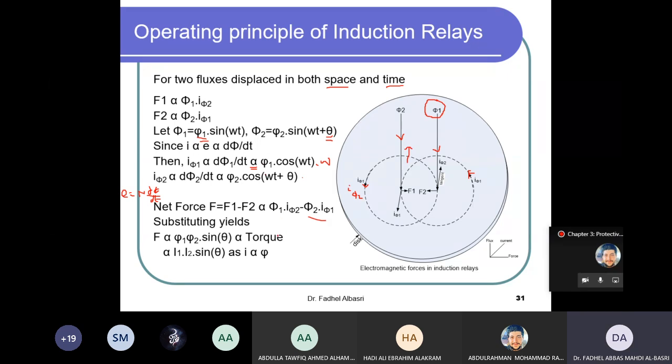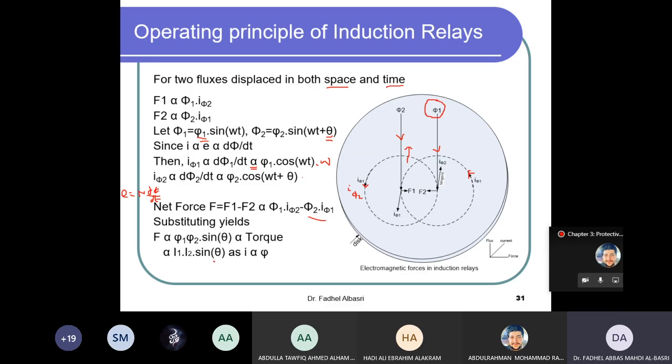Now, if we substitute this into these two equations for I phi1 and I phi2, and simplify, we'll get that the net force will be proportional to phi1 maximum times phi2 maximum times sine theta, where theta is the angle between the two fluxes. The developed torque is proportional to this net force, and the force can also be written in terms of I1 and I2, since phi1 is proportional to I1 and phi2 to I2.